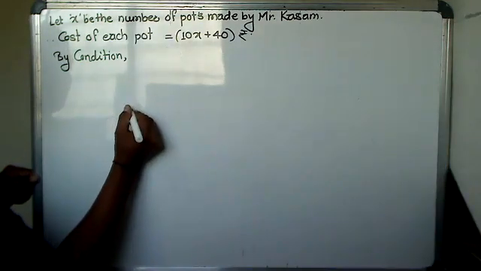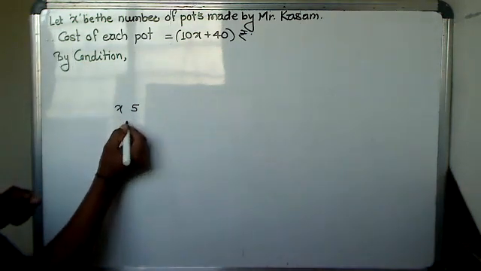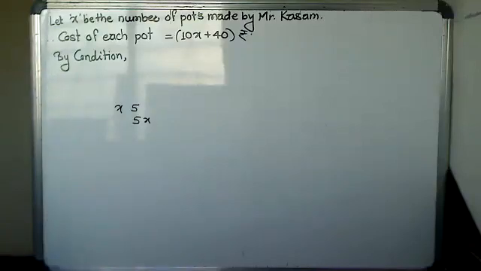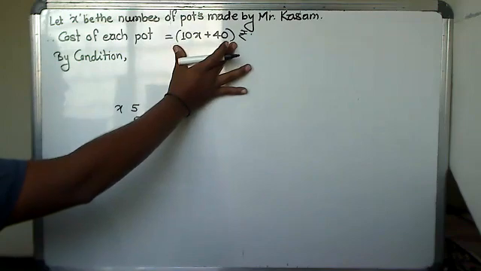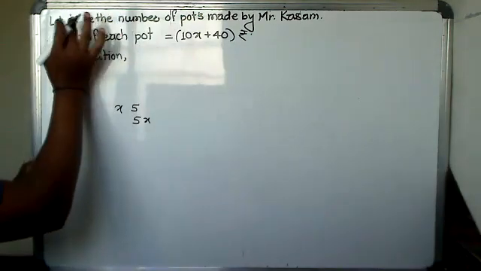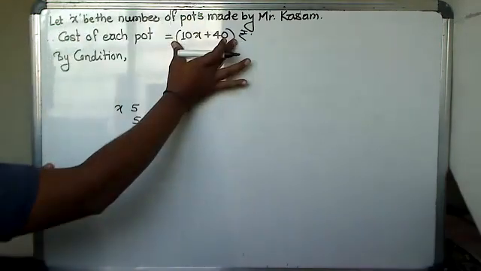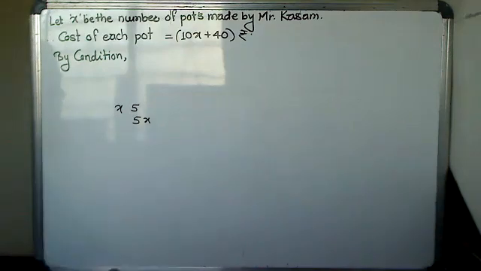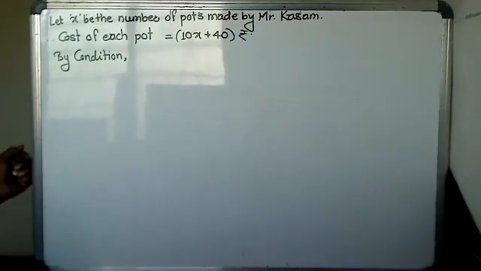Cost of one chocolate is 5 and we bought X number of chocolates. So what is the total cost of chocolates? 5x. Likewise, the cost of one pot is 10x plus 40 and the number of pots is X. Then we simply multiply X by 10x plus 40 to get the total cost of pots he made in one day.